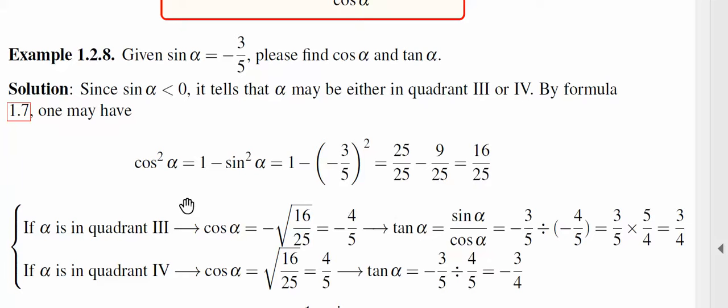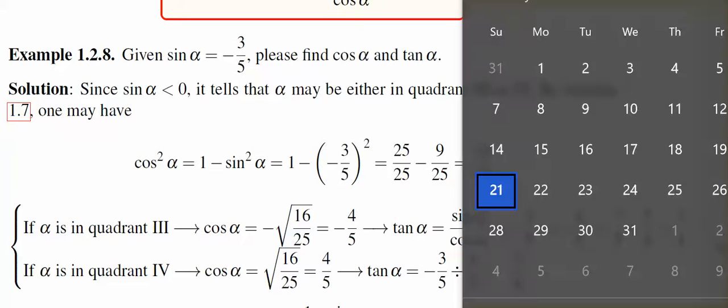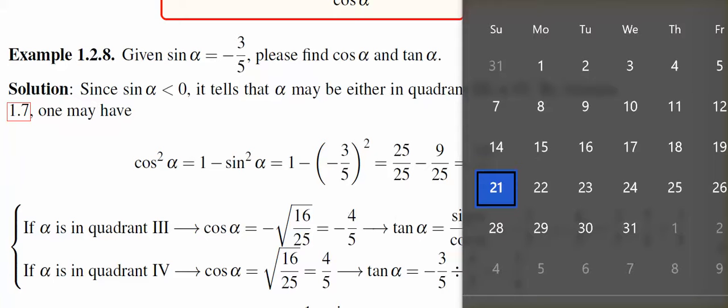And then we need to take the square root. So cosine alpha has two situations, when it is positive and when it is negative.